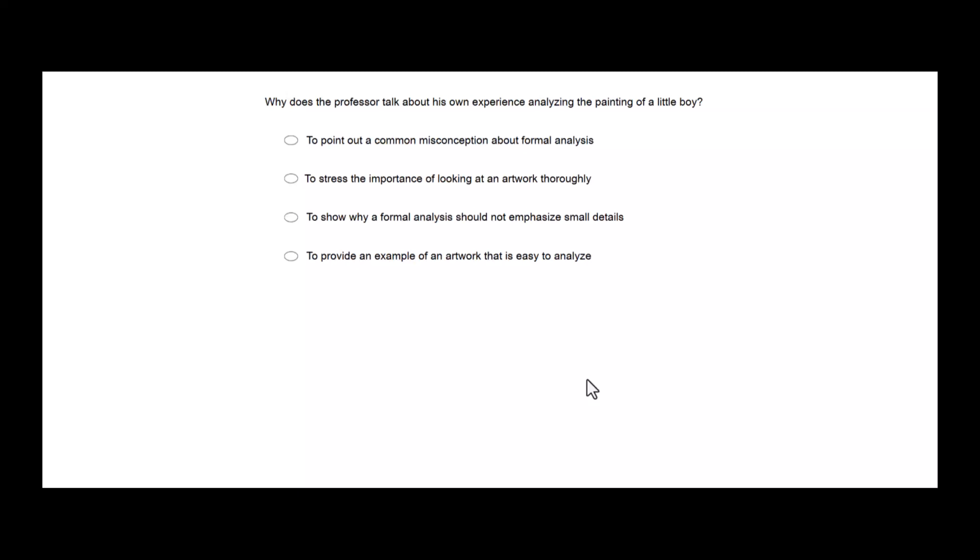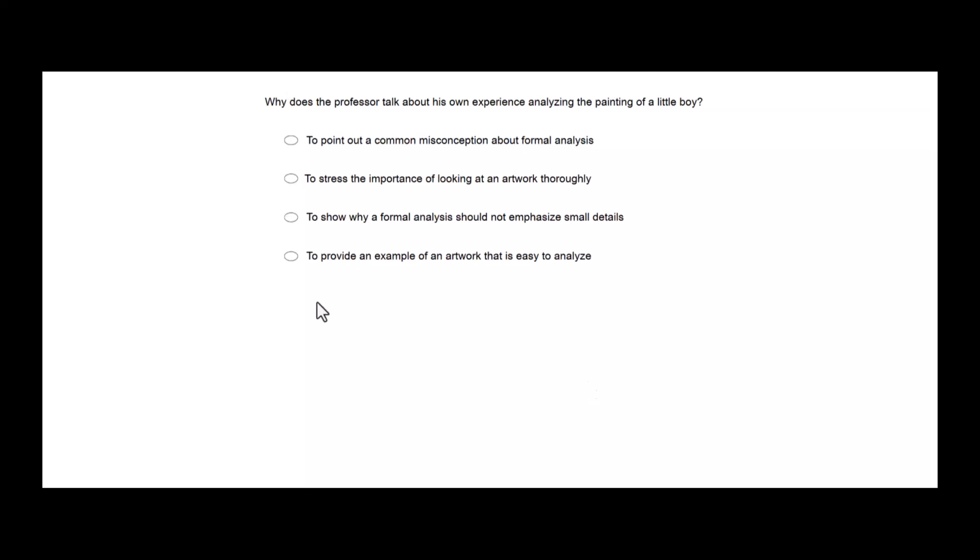In that part there was no room for mentioning any misconception, and the professor never pointed out any misconception during his lecture. Therefore, we reject option A.